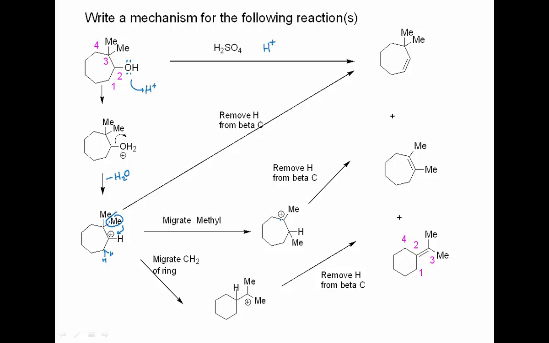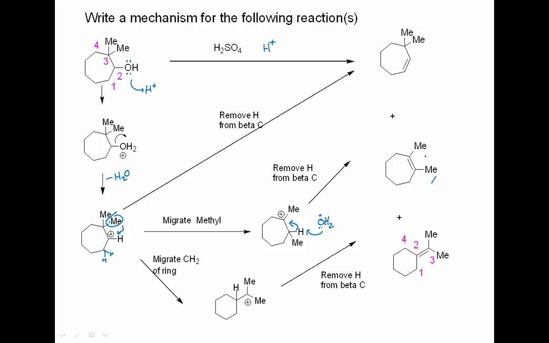So hopefully you won't make those mistakes. Okay, so once the methyl group migrates, we can remove this hydrogen right here, and this gets us the product that you see there. Okay, the one that still has a 7-membered ring, but the methyl groups are in different positions.